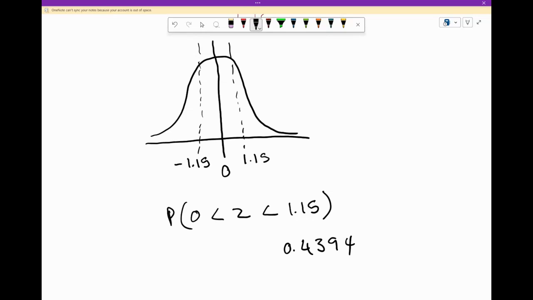So first things first. On the first column, we're looking for 1.1. It's 0.3749. And then we look for 0.05, so we scroll down to 0.05 and you're getting 0.3749.